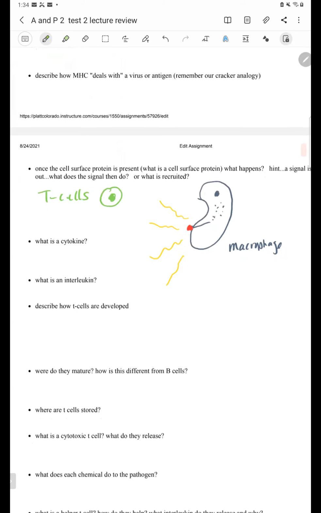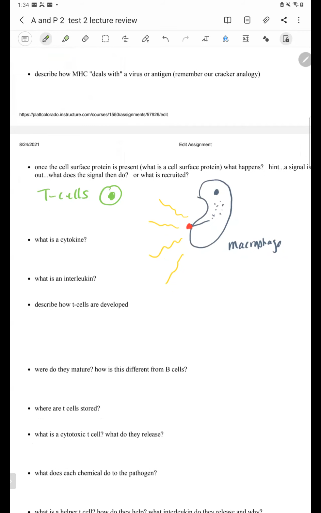Once the T cell comes in and recognizes the cell surface protein, it basically activates itself, and when that happens, it becomes cytotoxic. So now it's a cytotoxic T cell. And it's going to send out, kind of look at it as drones of itself. So there's the little cytotoxic T cells, and it's going to go in and destroy that cell surface protein.